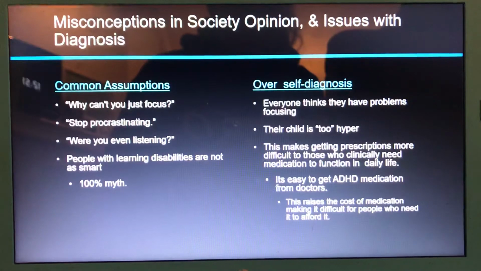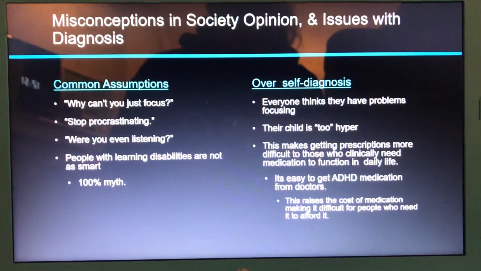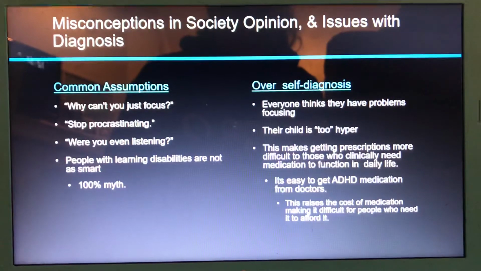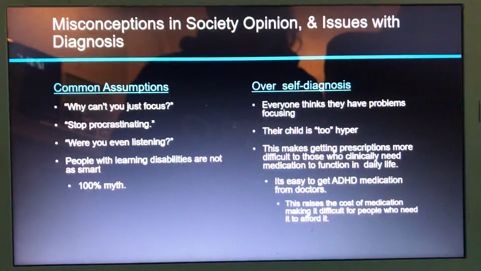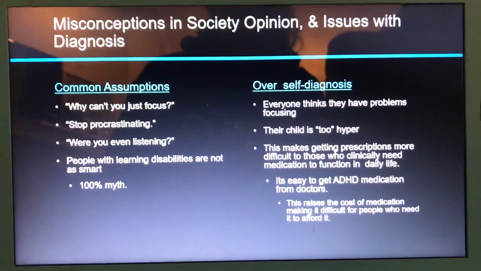And then moving over into issues with diagnosis. So the problem is that a lot of people think that they have problems with focusing, and what this can tend to do is people tend to self-diagnose themselves.